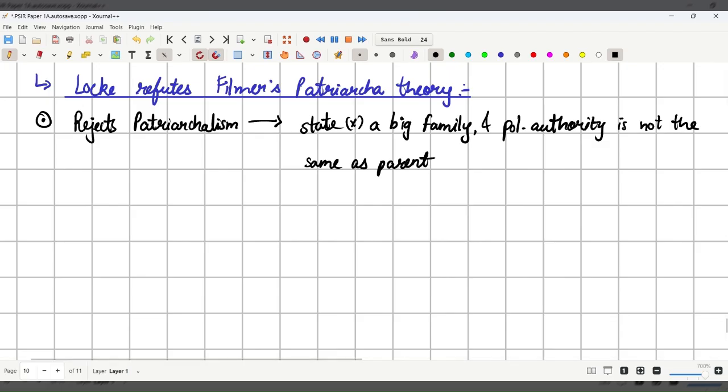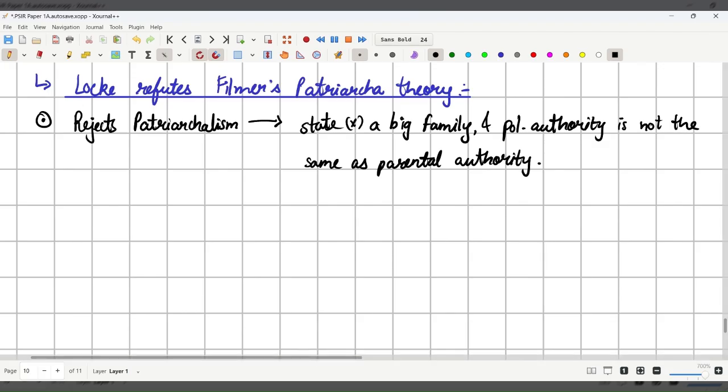Then, the second point is artificial versus natural power.